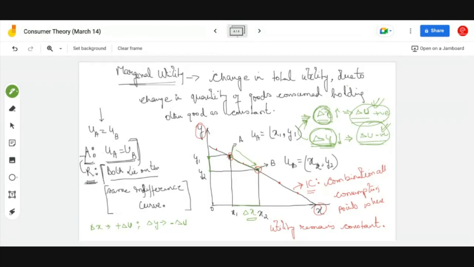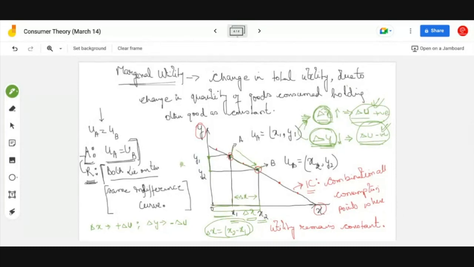Okay. So this is your X. Now delta X is equal to X2 minus X1. Yes or no? This is your delta X. X2 is this much and X1 is this much. So I am writing delta X is equal to X2 minus X1.